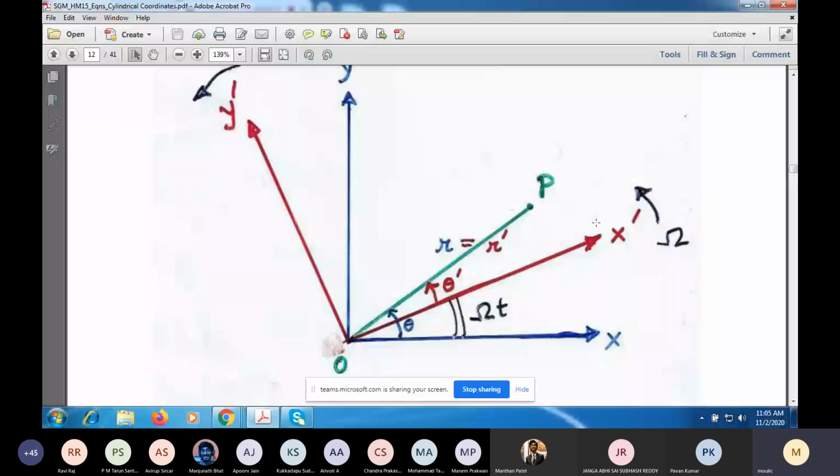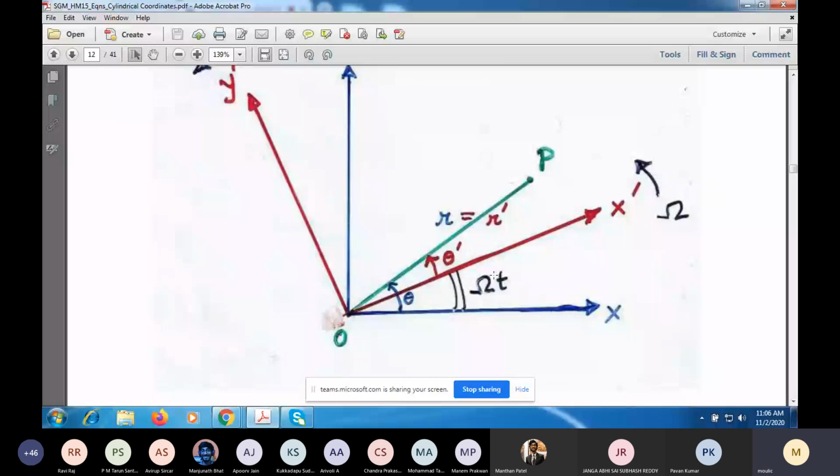So theta prime is shown in red and theta is shown in blue. As you can see from this figure, theta is larger than theta prime by this amount, omega t. Here I made an assumption that at t equal to 0, the red frame and the blue frame coincide. So at t equal to 0, OX prime is at OX and OY prime is at OY.